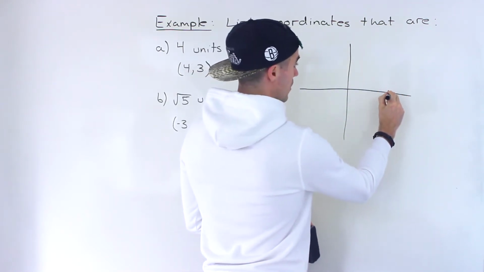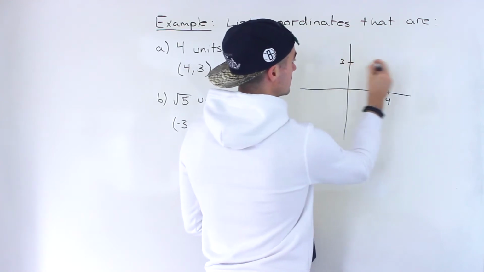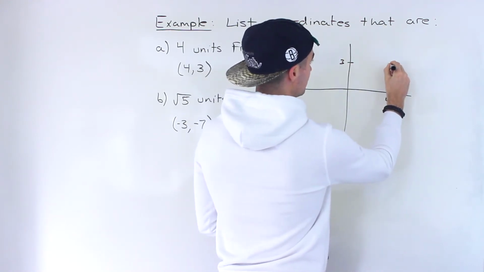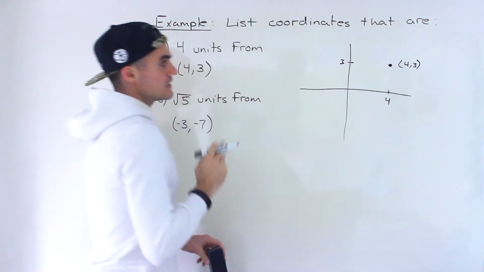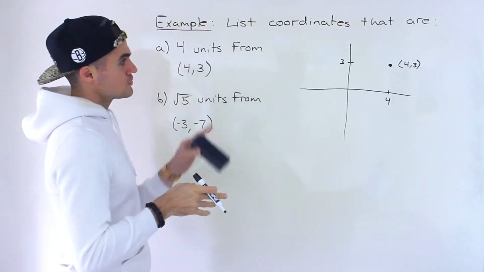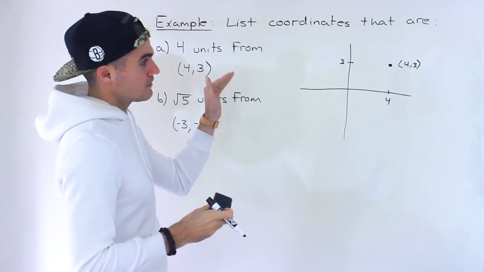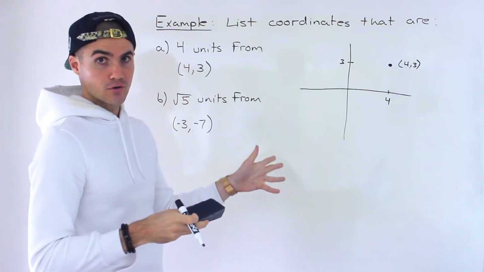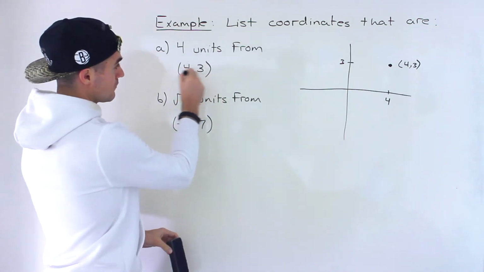So let's first draw the point (4, 3). That's going to be over here. Now, the easiest way to do this is to find points that are either at a horizontal or a vertical distance, 4 units from (4, 3).